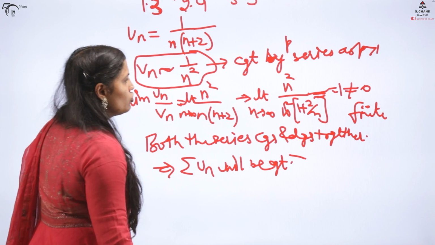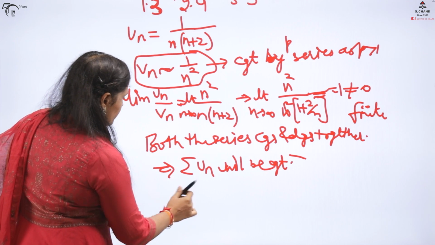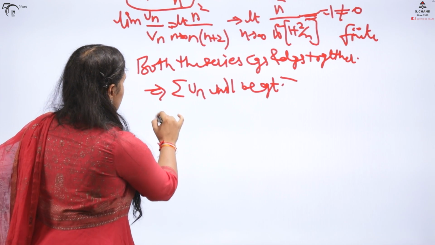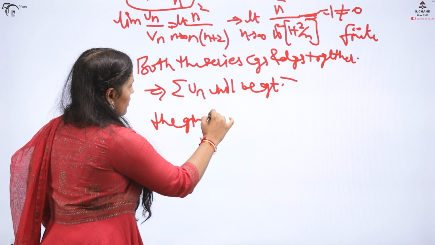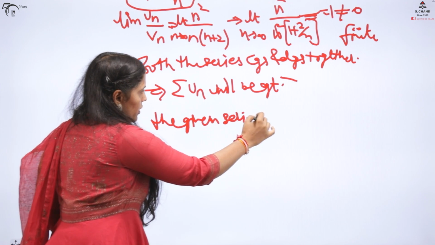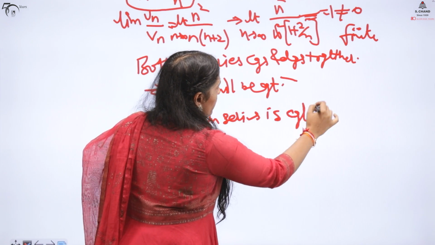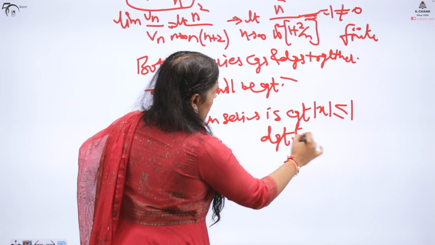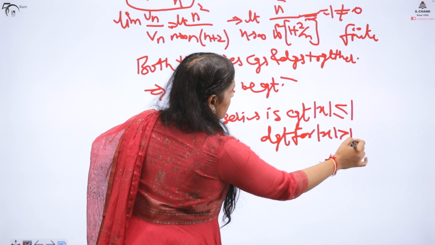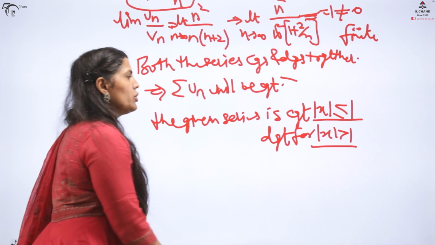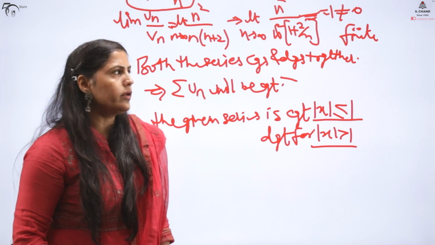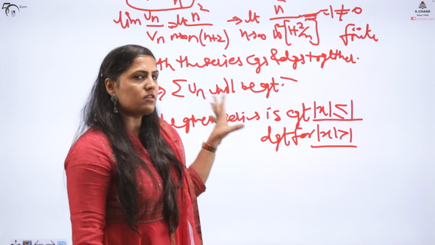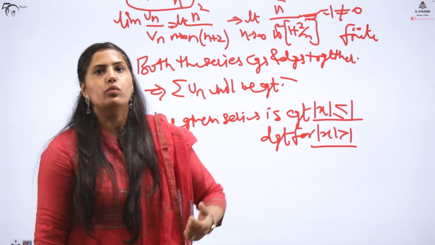So final conclusion is that the given series is convergent for mod x less than or equal to 1, and divergent for mod x greater than 1. This is the final conclusion because for x equal to 1 also we have checked, and this is how the power series convergence is totally depending on radius of convergence concept.